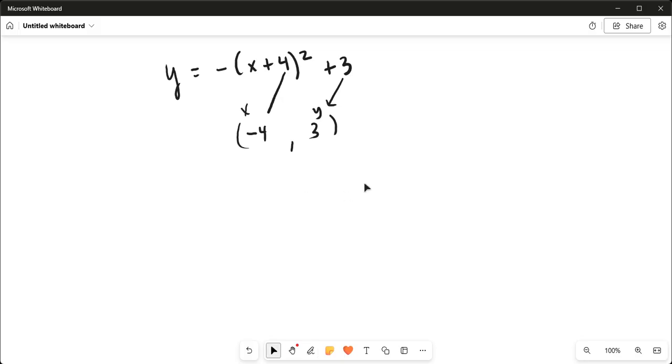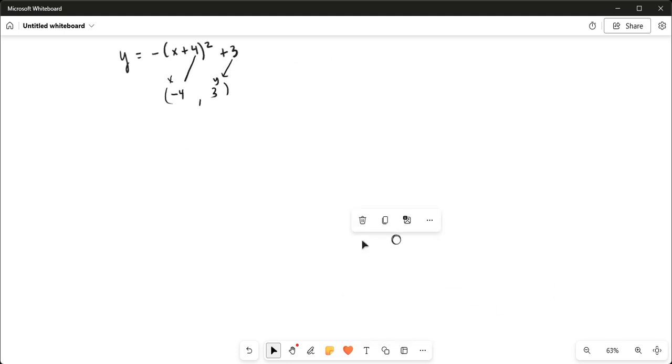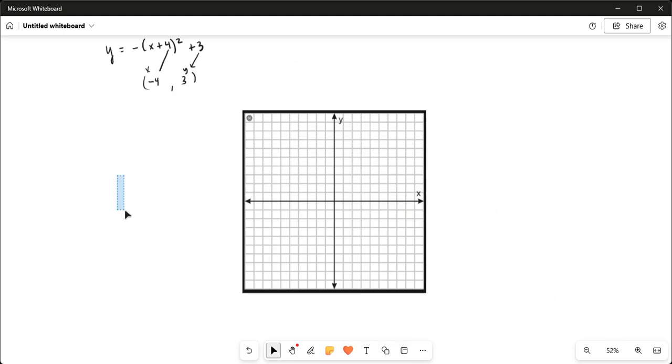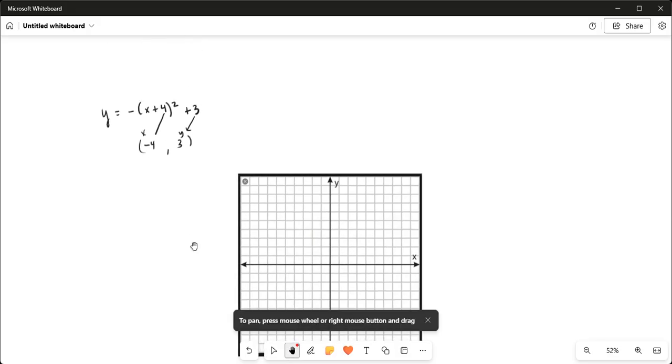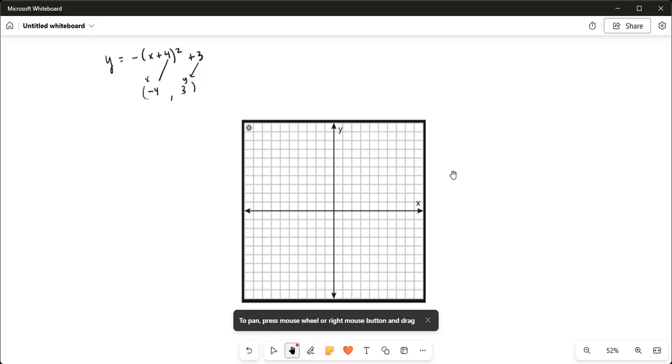So when you're graphing, get a coordinate plane. When you're graphing using this, you know some things about it just by looking at it, okay?